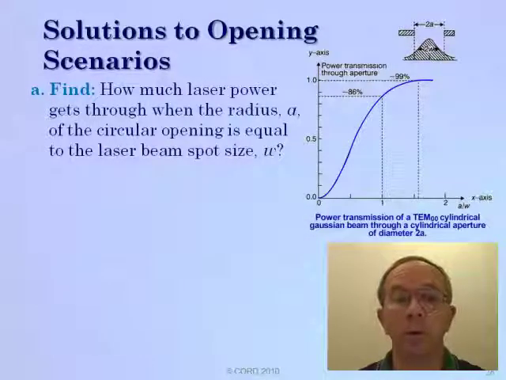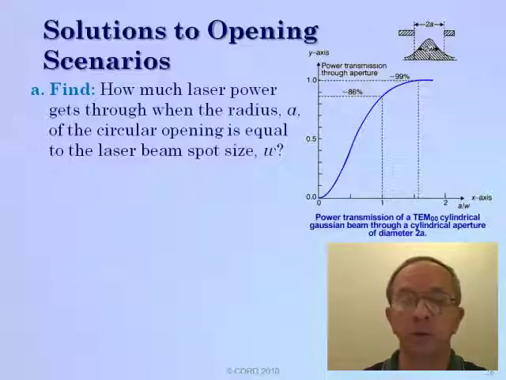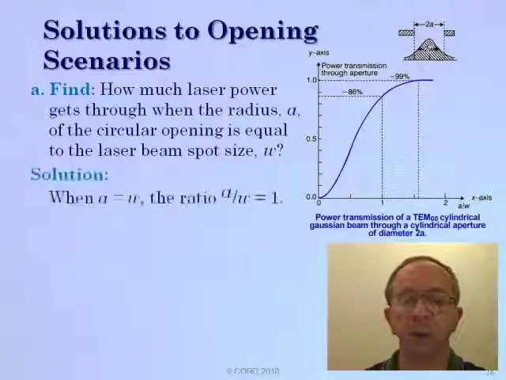So now I think we're ready to tackle this opening scenario problem that you saw. We're going to find first how much laser power gets through that aperture when it's equal to the laser beam spot size. So when A is equal to W, then the ratio of A over W will be 1.